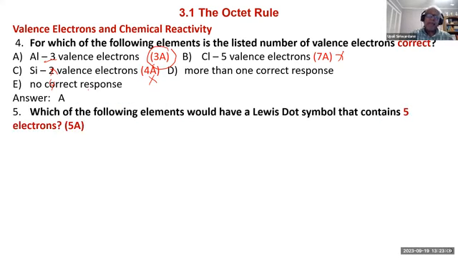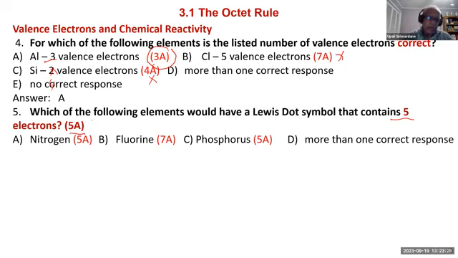Which of the following elements would have a Lewis dot symbol that contains 5 electrons? If an atom contains 5 valence electrons, it must be in the 5A group, the nitrogen group. So nitrogen is 5A.